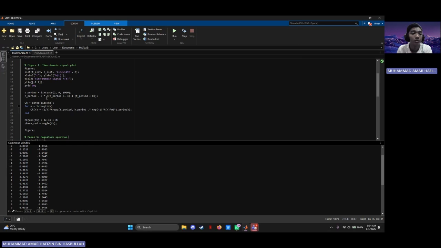This one is line 22 until line 23. Next we move to line 26, for n equals 1 to K, and then line 27.